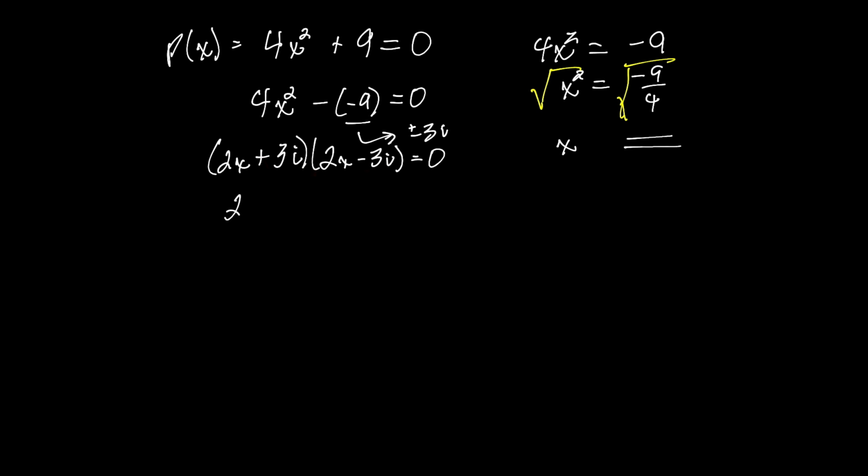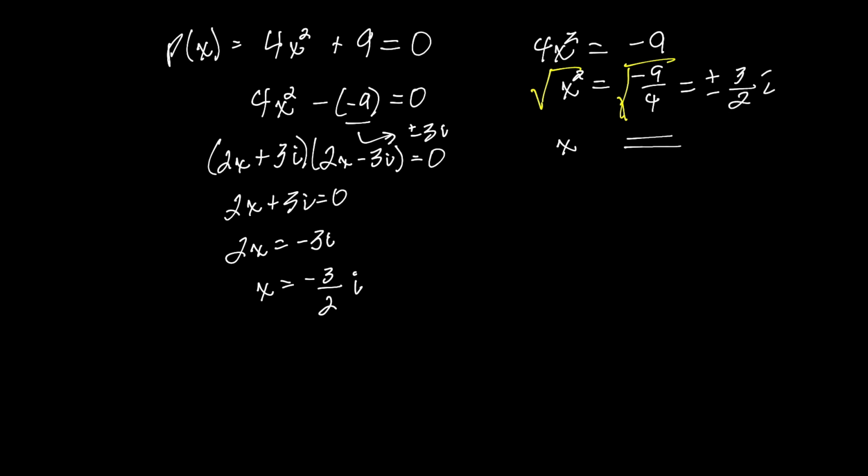So let's make this equal to 0 first. And let's see, 2x equals negative 3i, dividing both sides by 2, we get negative 3 halves i. So that's what this would have been over here, a plus or minus 3 halves i.